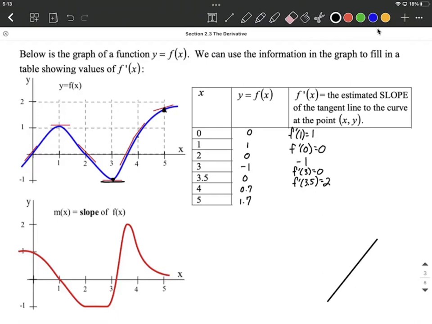At 4, go for an x value of 4. We're looking at this point on the graph. It's this red line going across here. I think we're back down to about 1 for the slope of that line. It's still positive because it's increasing, going up 1 and to the right 1, give or take. And then finally, the very last one, f prime of 5. X value of 5, you find it on the graph.